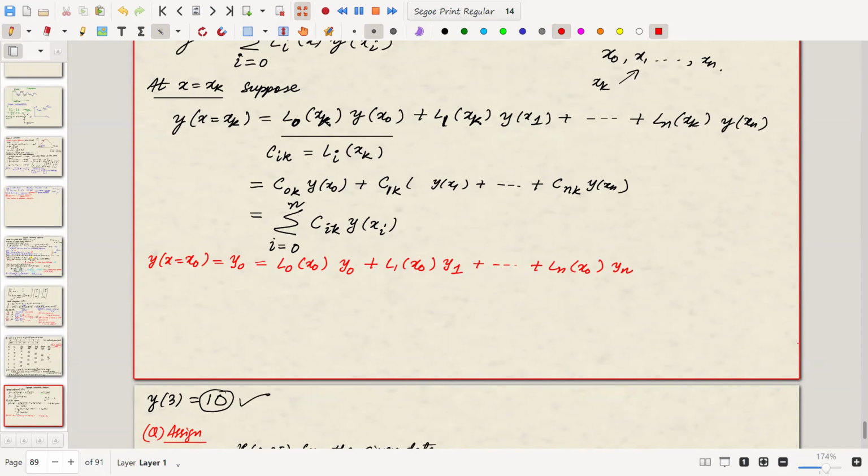Can you see what is going on? Can you tell me the values based on this? Just a simple equation.